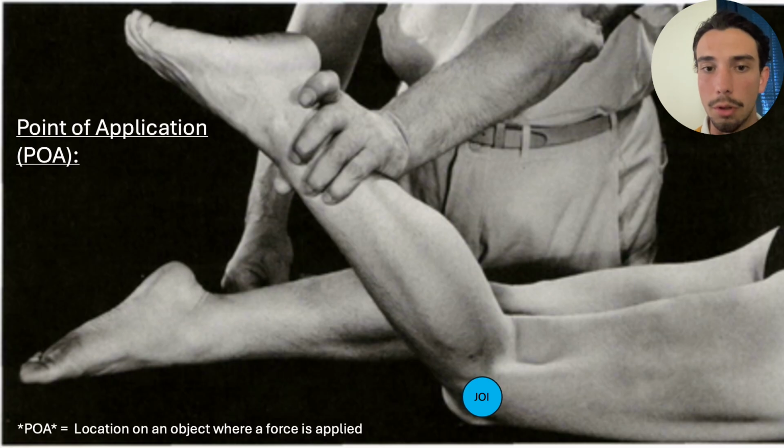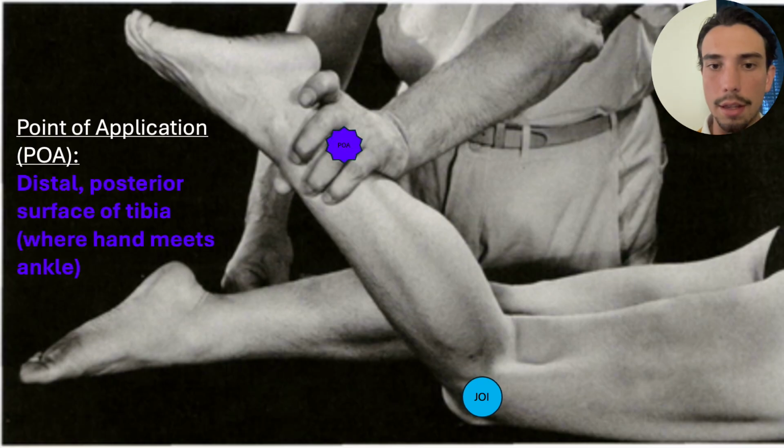So now we just want to look at where the practitioner's hand is in contact with the client's body. And here we can just say that it's where the hand meets the foot or the leg. If we want to be more specific, it's the distal part and the posterior surface of the tibia, just where the hand is meeting the ankle, basically.